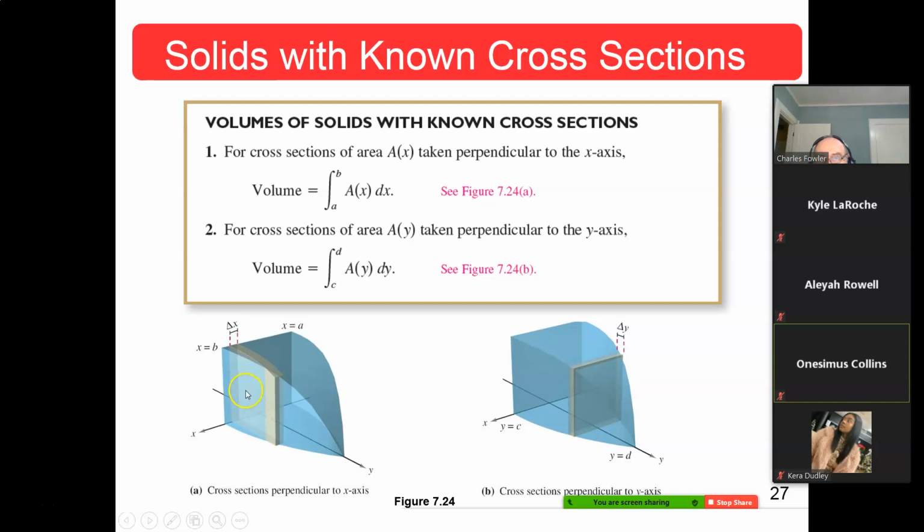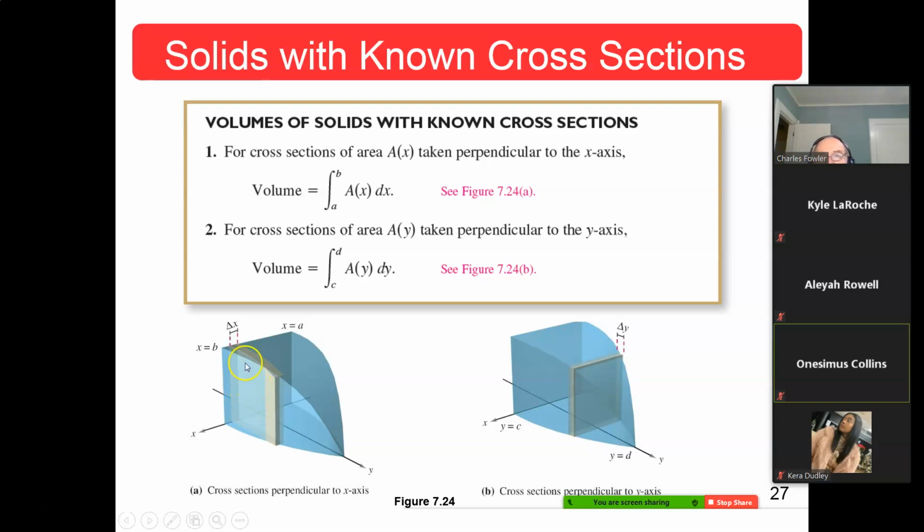So for a cross-section of a known area A, now we don't know the area A yet, taken perpendicular to the x-axis, the volume would be the integral from x equals a to x equals b of that area times your dx. The dx is going to be the thickness of that. This would be the known area.